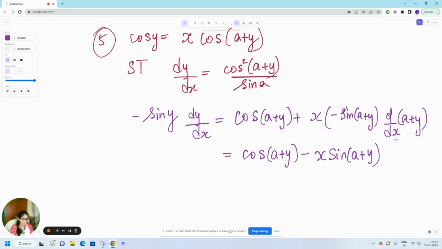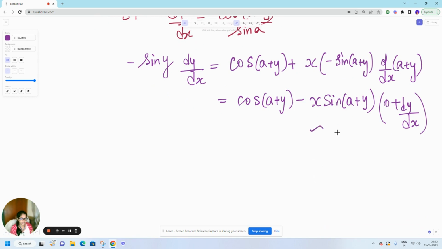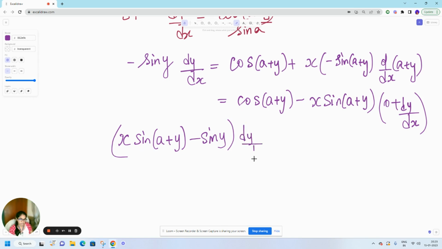And what else do I have? What is the derivative of a constant? That is 0, plus dy/dx. Now what do I do? I can send this term to the LHS, correct? So I'll get x sin(a + y) minus sin y. If I take this common and write dy/dx outside, this is equal to cos of (a + y).